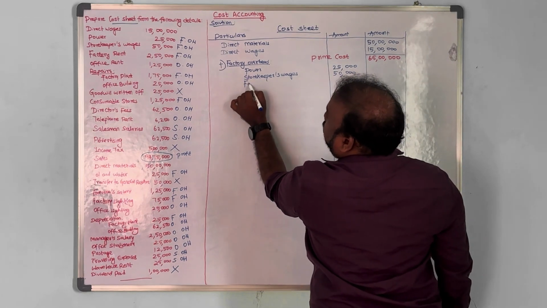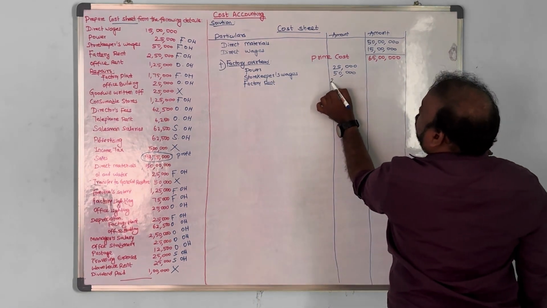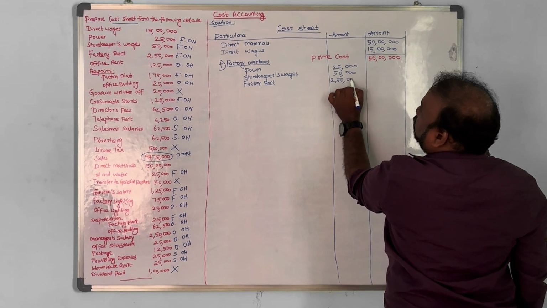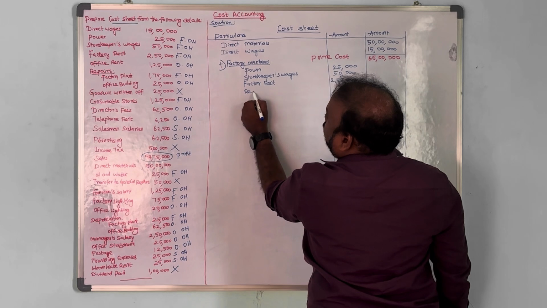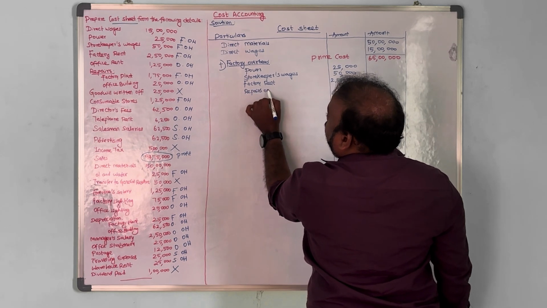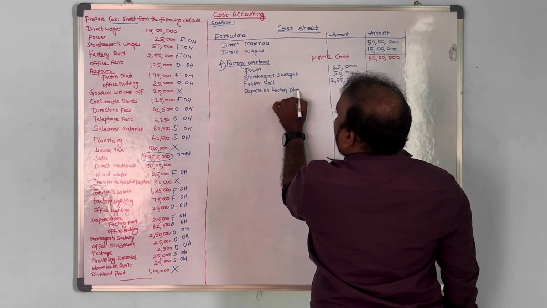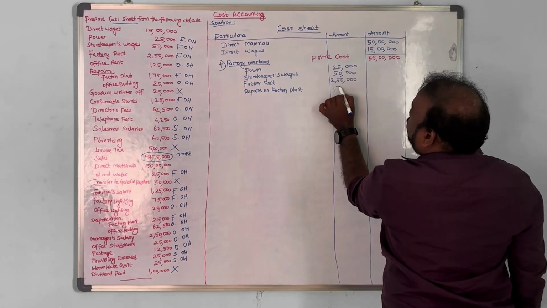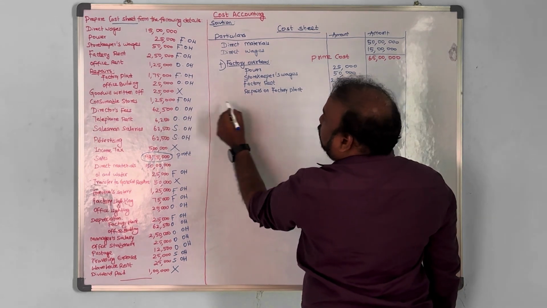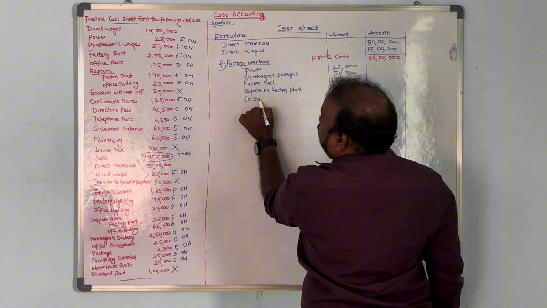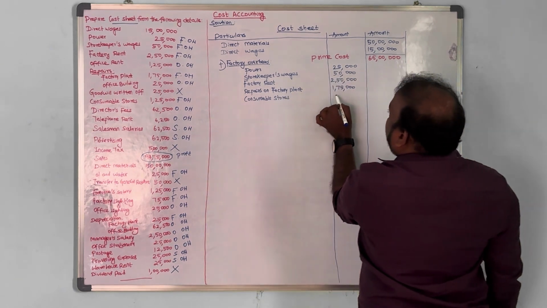Then factory rent 2,50,000. Then repairs on factory plant 1,75,000, then consumable stores 1,25,000.